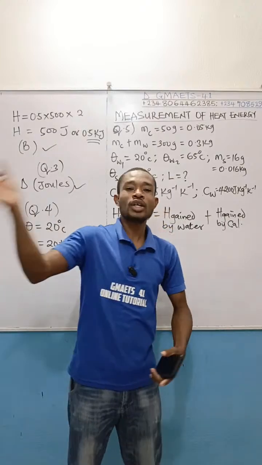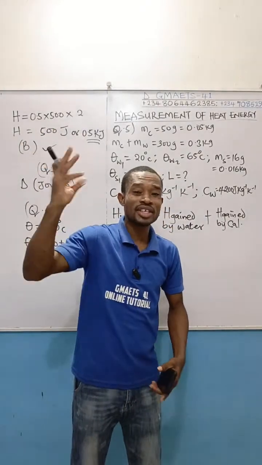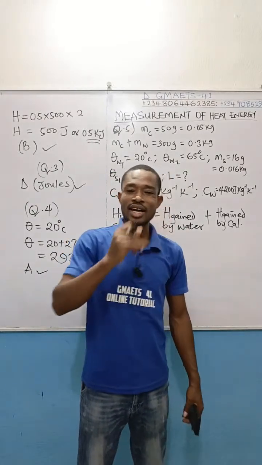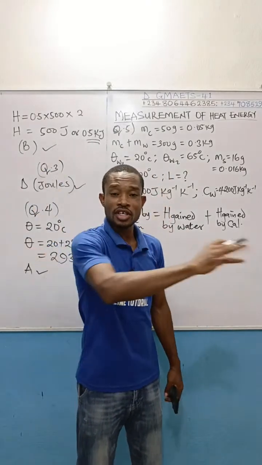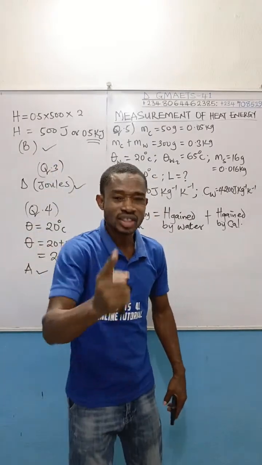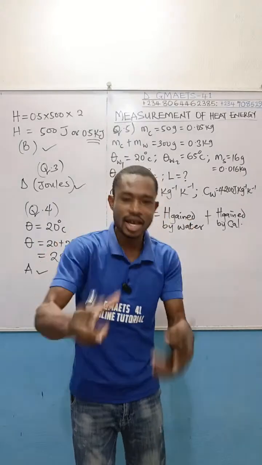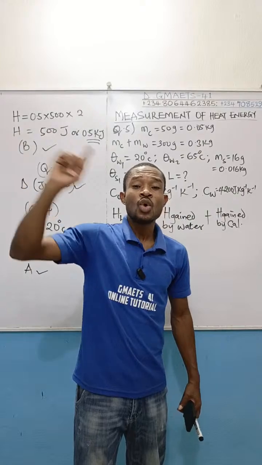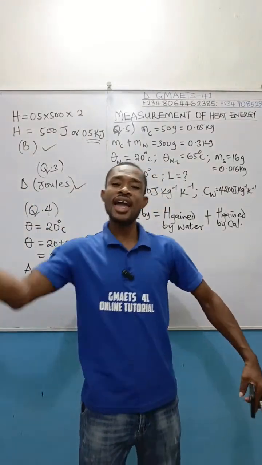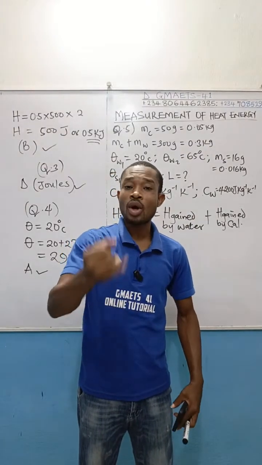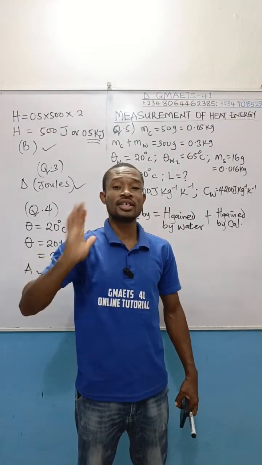So when you pour that steam, which is gas at 100 degrees centigrade, into the water in the calorimeter, the steam will start losing heat to the water in the calorimeter. Take note, this is where it becomes critical in interpreting this question. That steam, which is in gaseous form, will first of all change to water. If you are boiling water, water boils as a liquid at 100 degrees centigrade.